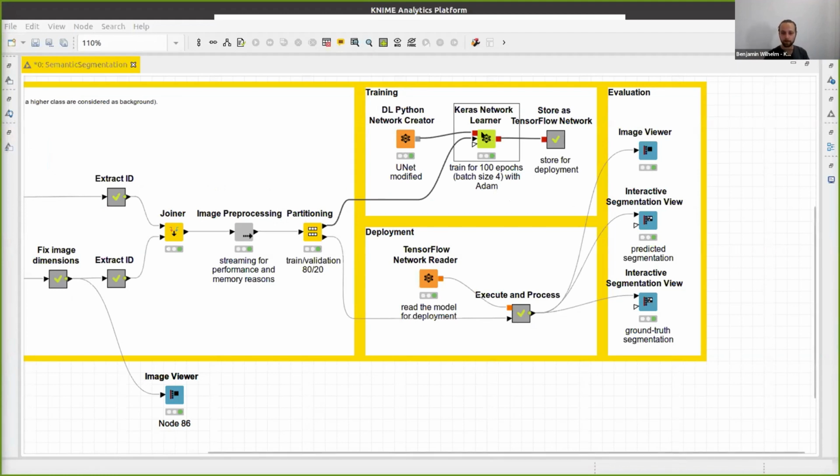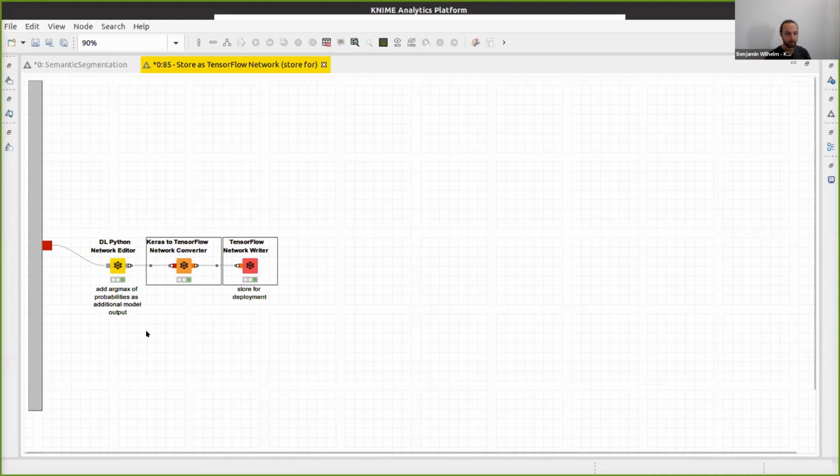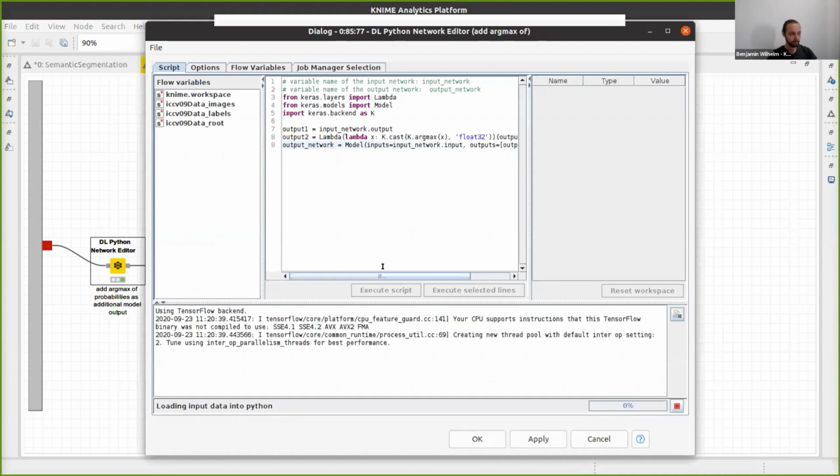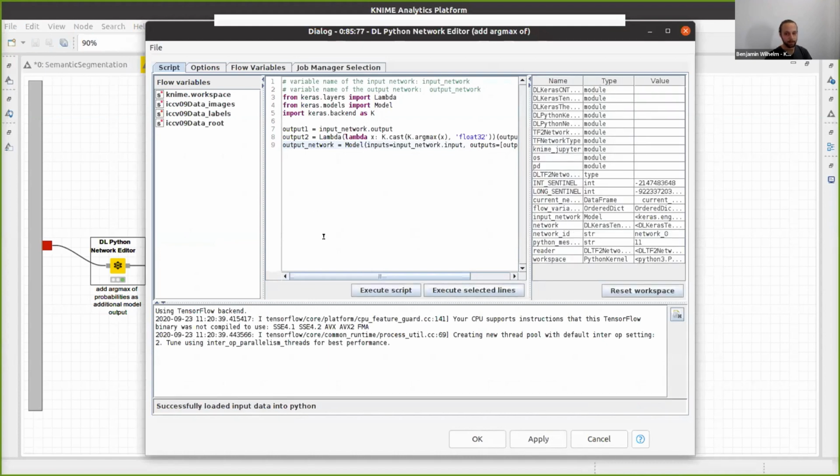Yeah. After the network is trained, we want to store it for deployment. In this case, we just tested on some validation data, but just imagine you could also do this in another workflow. So we write it to disk, and for that we add a little something to the output, basically. Because our network is predicting probability distributions for each pixel, but what we really want is the segmentations.